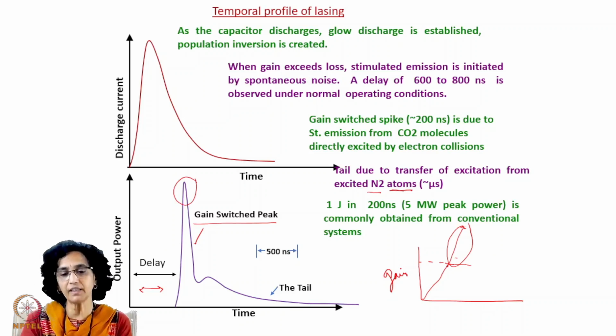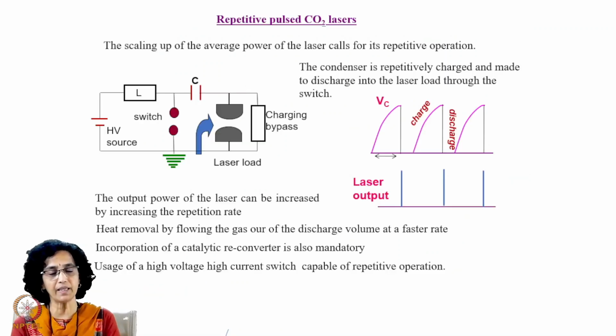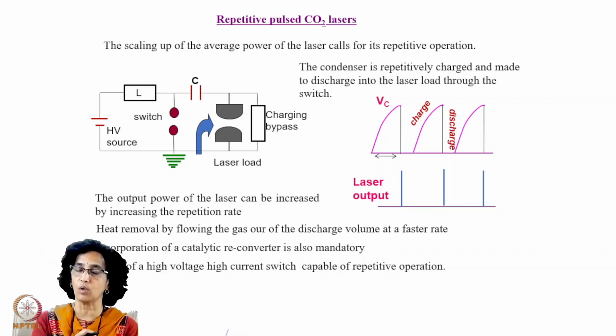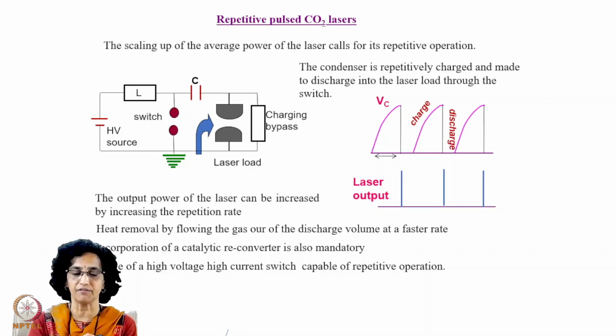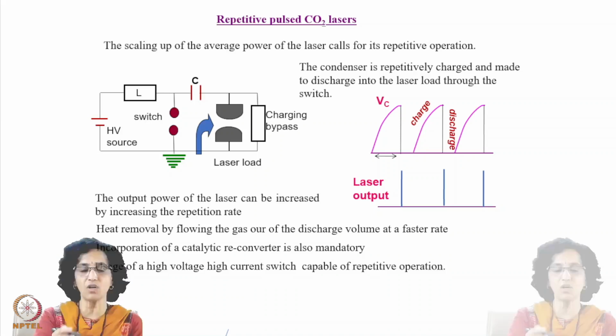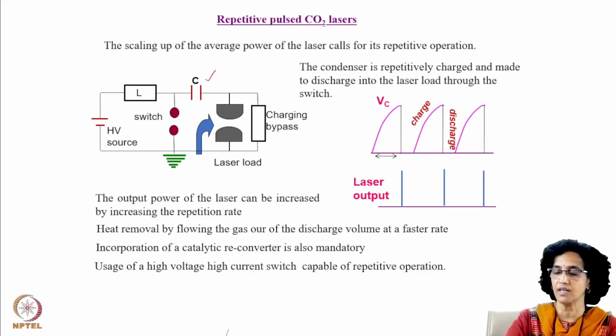Repetitive operation is very important for many applications, and CO2 lasers are also operated in TEA configuration in repetitive mode. So what is the basic difference? The basic difference is that your condenser now has to be charged repeatedly.